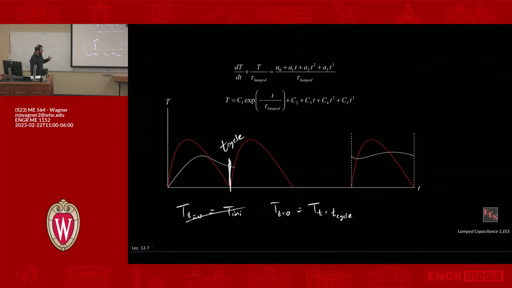So you're just saying I want those two temperatures to be equal to each other. And what you're doing is solving for the value of C1 that makes that happen. Temperature at time equals 0: if we plug t equals 0 into our temperature equation, we get just C1 plus C2. That was evaluating this expression at time equals 0.